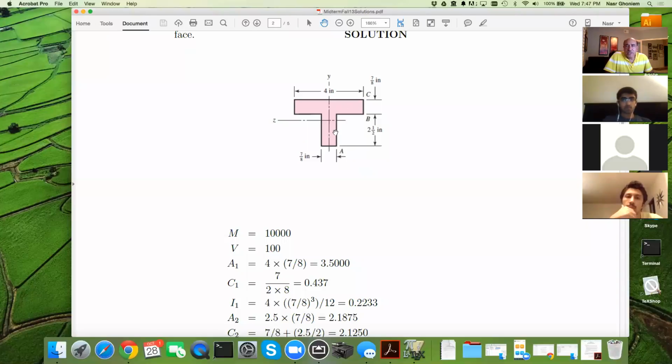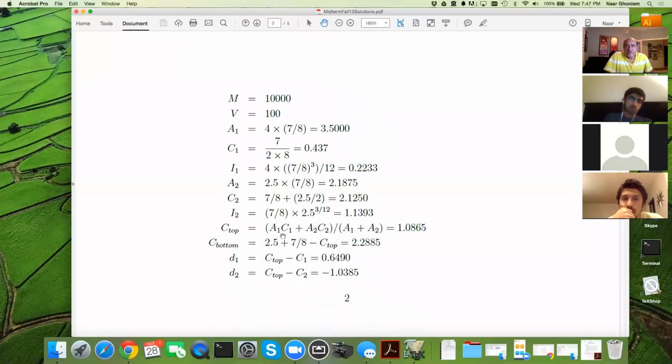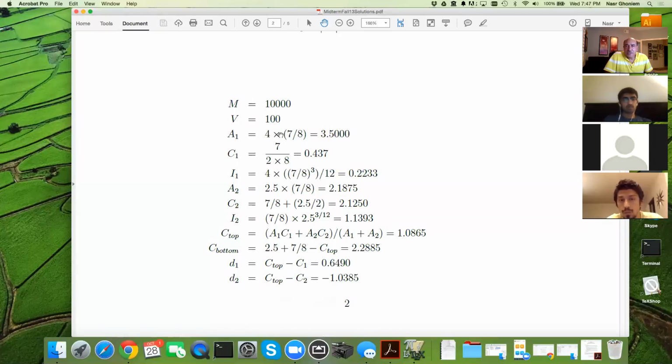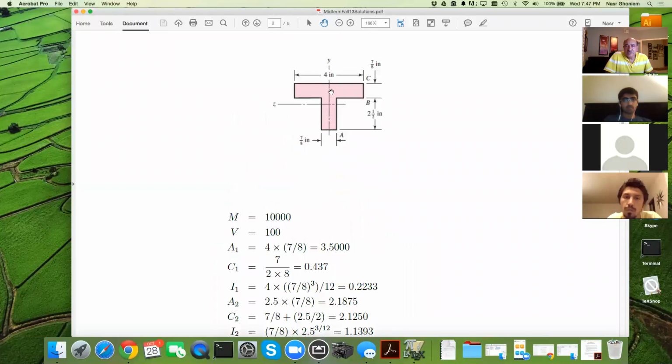And therefore we can use the formula that the C top is A1 C1 plus A2 C2 over A1 plus A2. So this is like a weighted mean of the two centers. And now we are using the areas. A1 and A2 are the areas of the rectangles, as you can see here, and C1 and C2 are their own centers.